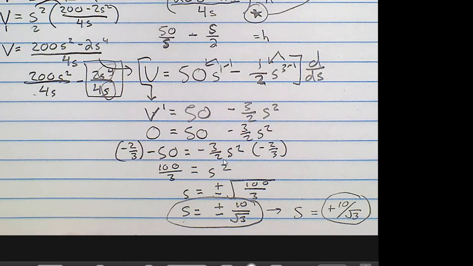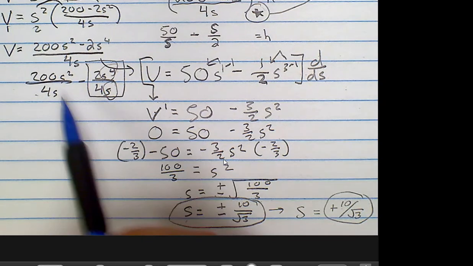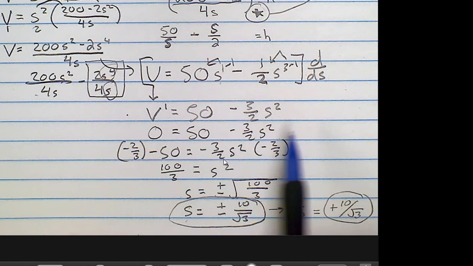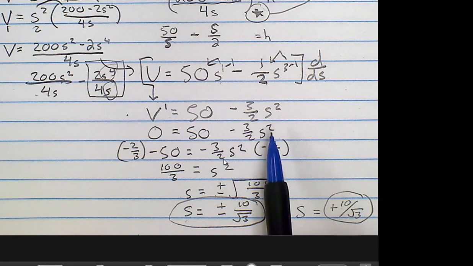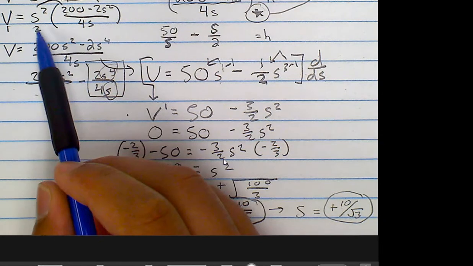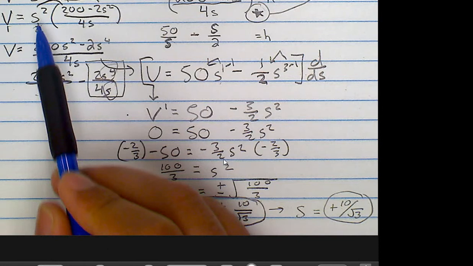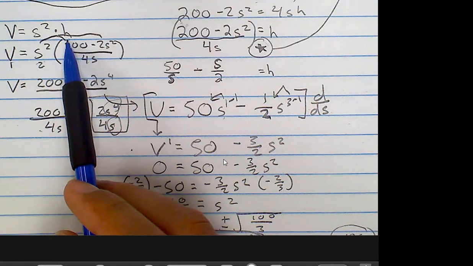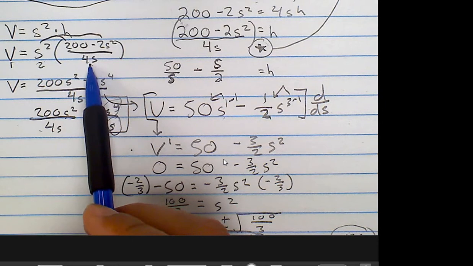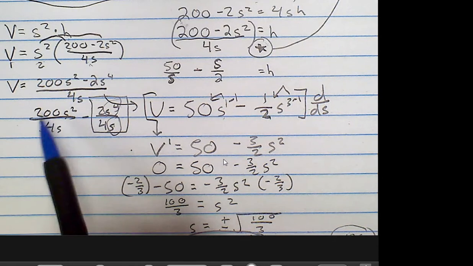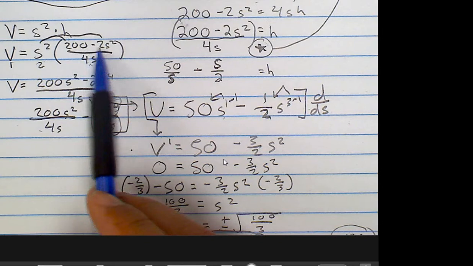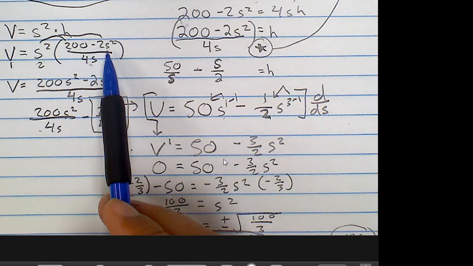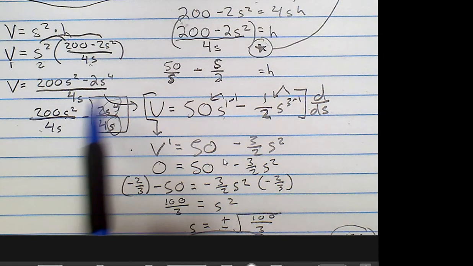Shouldn't we just look at it as squared? No, look. S squared times H. H mutated in this monstrosity. It had 200 minus 2s squared, and so we multiplied and then broke it up into two fractions. So your s's changed.